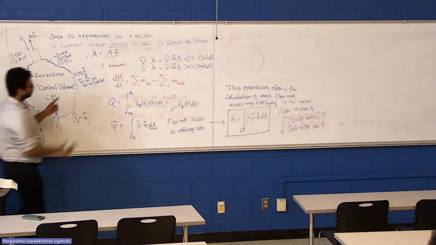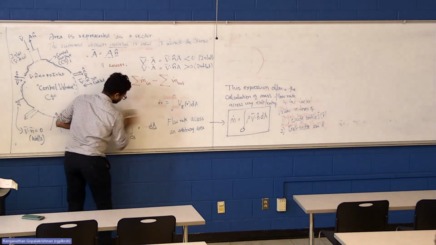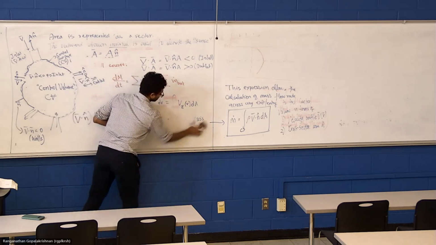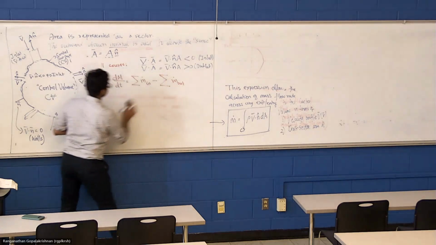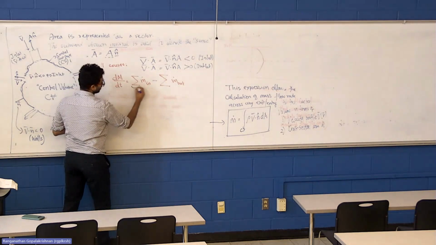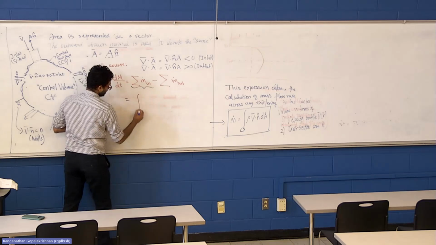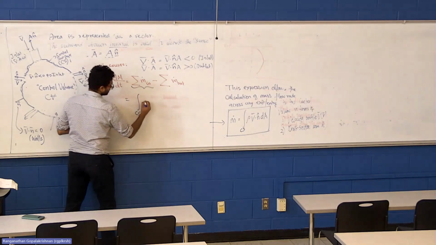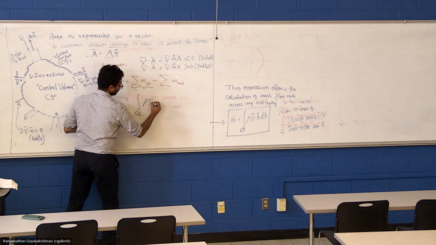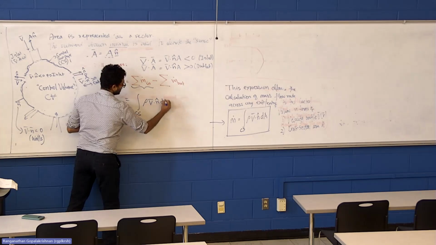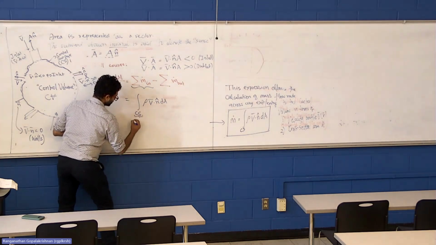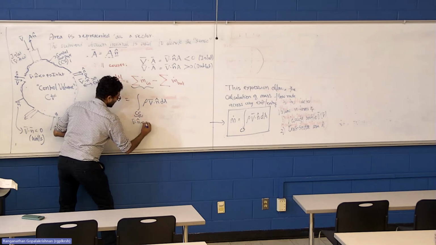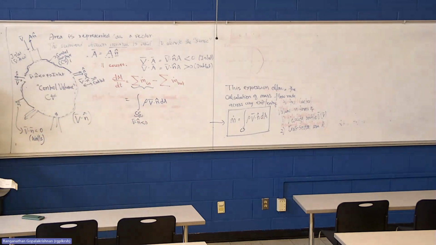Now we are going to take this equation. Instead of this, we are going to write the integral over CS of rho V dot n dA, and these are portions of the CS where V dot n is negative. That's what we call inlets.